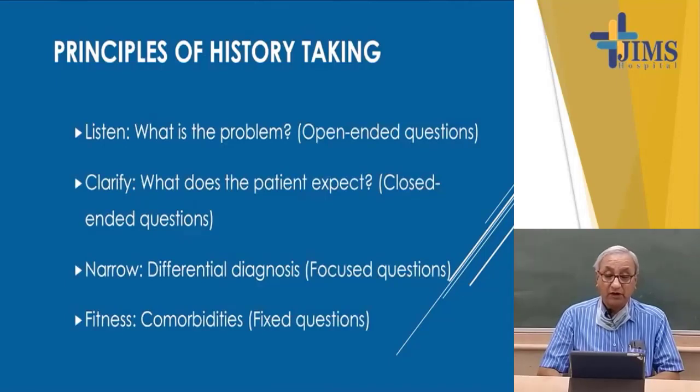Clarify, what does the patient expect from you? Narrow it down to the differential diagnosis you have, and check on the fitness of the patients. What are the comorbidities like hypertension, diabetes, hyperthyroid, hypothyroid, any other disorders.